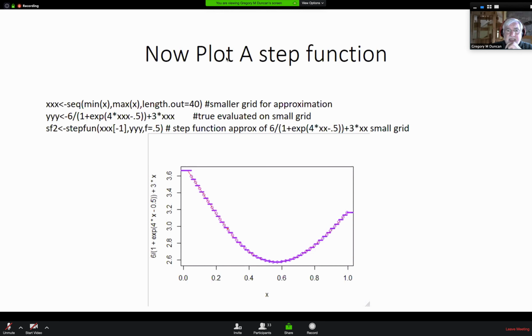And you can see that step function does a pretty good job of approximating that thing. So let's say that I had a point in here. The step function would say your approximation is right here. If I was here, it would say the approximation is down in here. And the point is you're going to be pretty close.